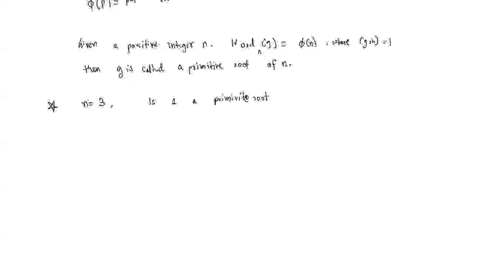How is 1 a primitive root? 1 squared is 1 mod 3. But the order must be 2, and 1 to the power 1 is also 1 mod 3.